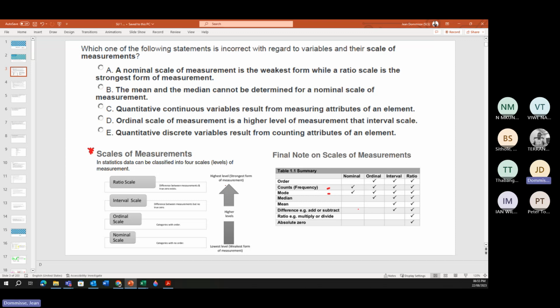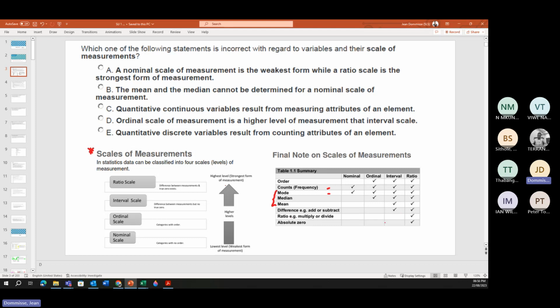So that again really shows you that nominal is the weakest form of measurement because it actually does not do a lot, where ratio is the strongest form of measurement because you can use ratios with nearly any other possible calculation. These are measurements that we do later on in study unit 2 and 3 again.